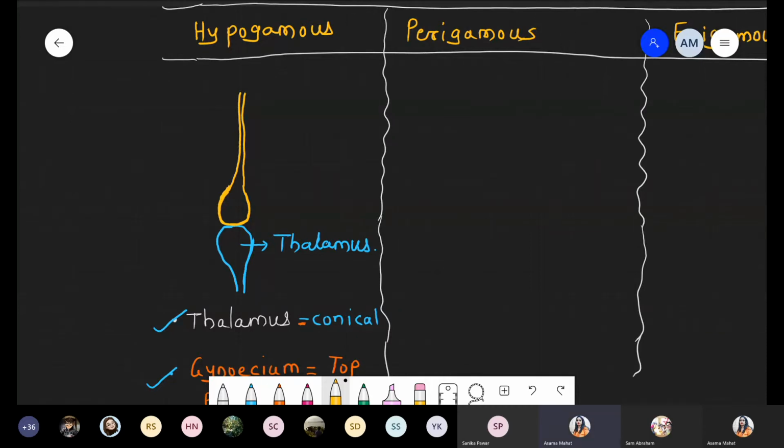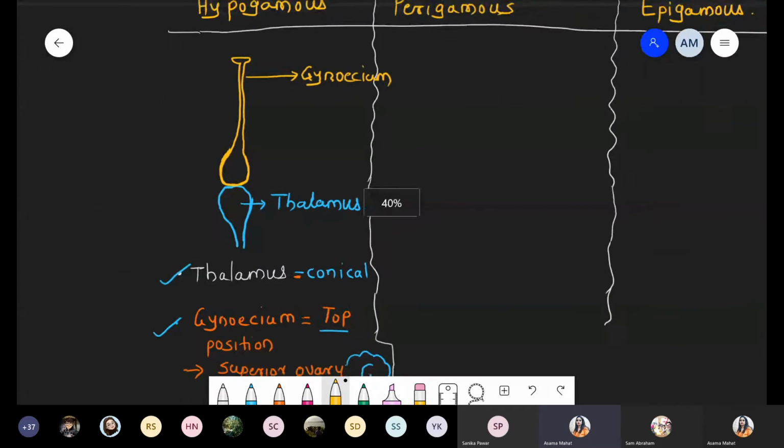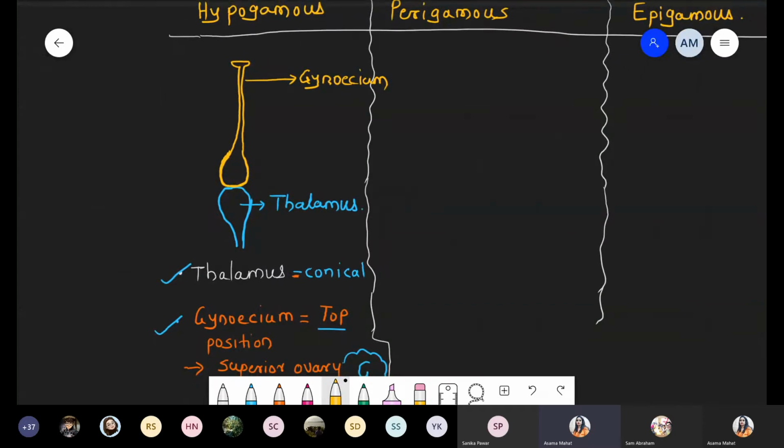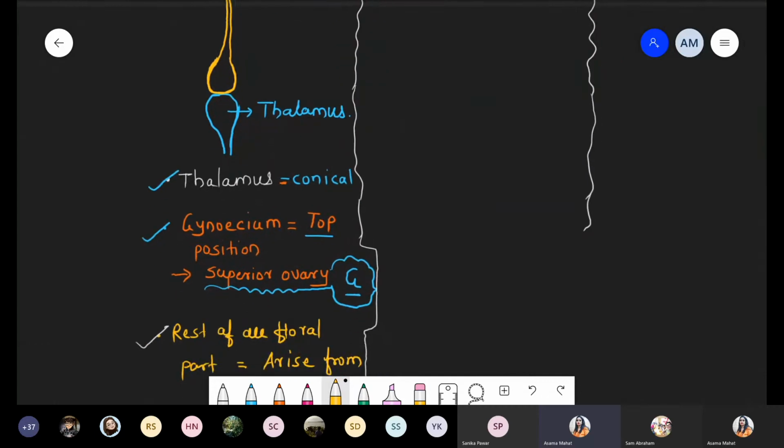This part is what we are talking about as the gynoecium. So I'm giving the name for this complete structure: the female reproductive part, that is gynoecium. Okay, so the second position we found is gynoecium. It is present on the top position, above the thalamus.